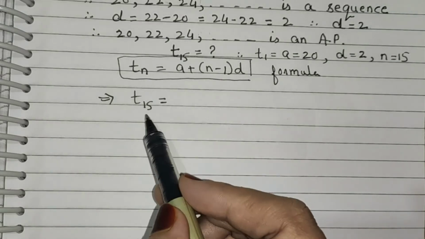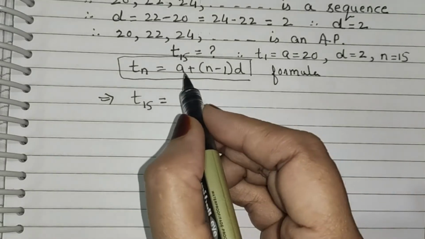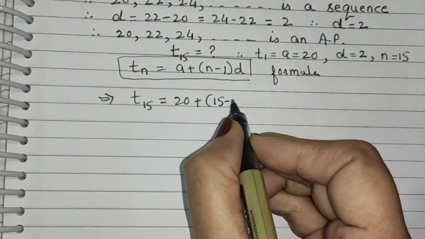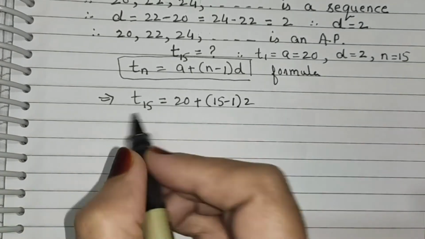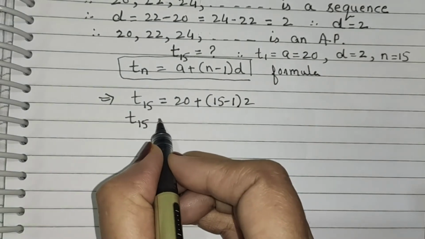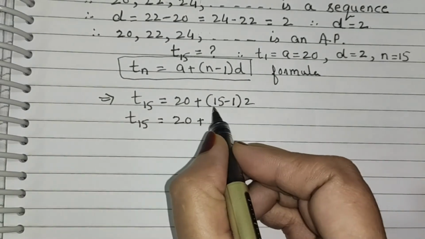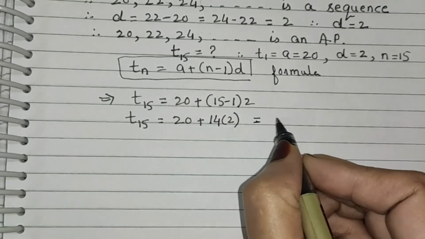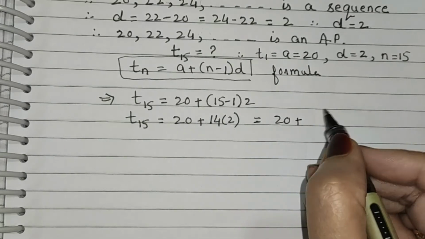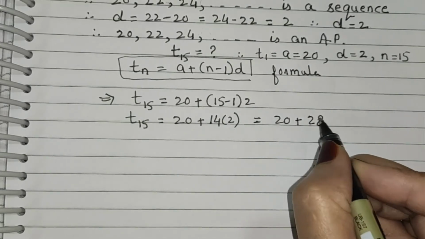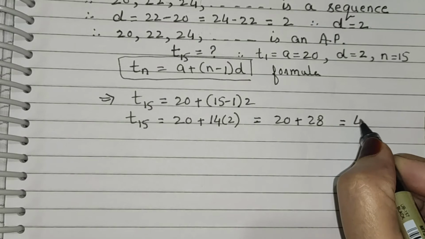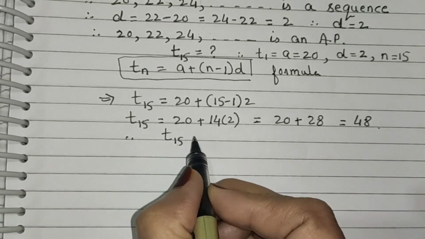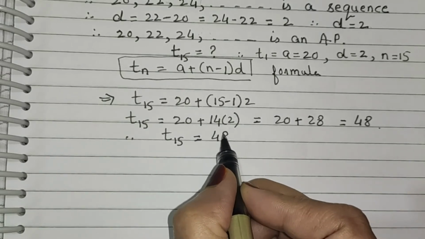Therefore T15 is equal to 20 plus 15 minus 1, 14, 14 into 2, which is equal to 20 plus 28, which is equal to 48. Therefore, it is the value of T15, means 48.